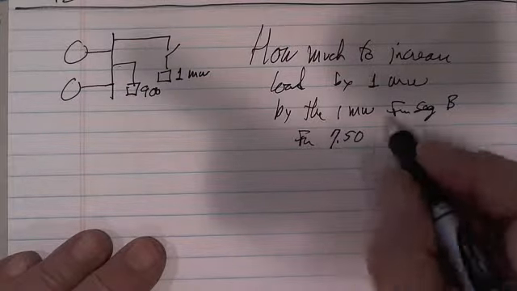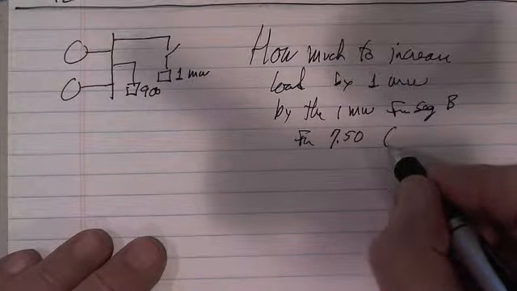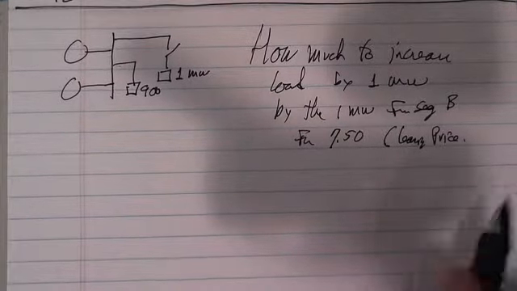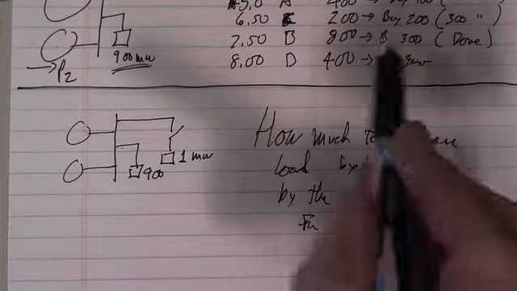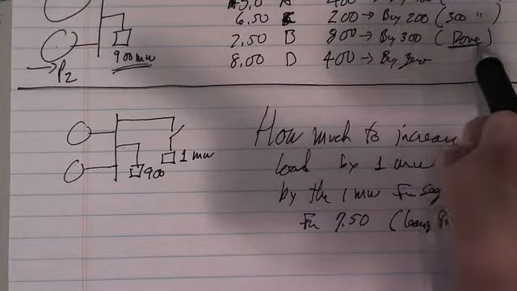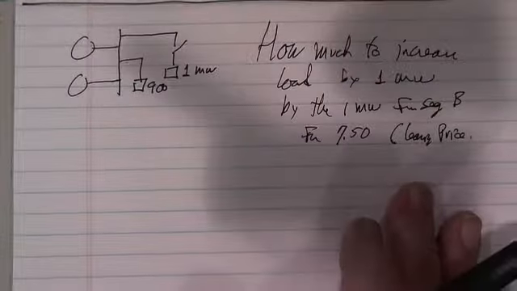Now, 7.50 is called the clearing price. If you go back to the auction, that's the price where the auction said we were done. We bought the 750.